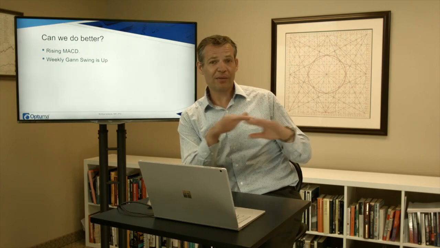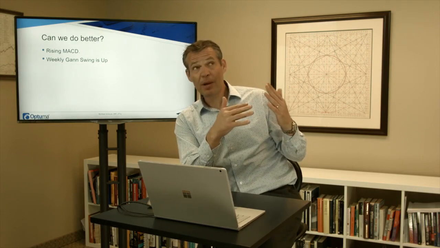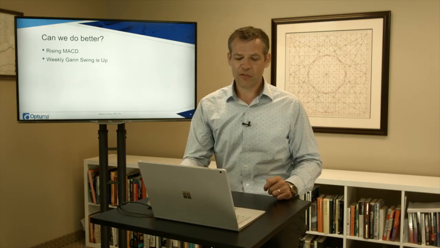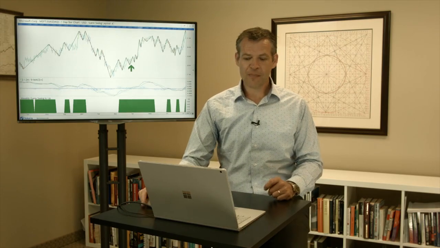It almost makes that support level impenetrable. A bit of a tongue twister there. So that's the same sort of concept here. We want to use the higher time frame and say, well, if the weekly swing is up, this may be a short-term downtrend move that we're capturing with the swing charts, and we have much better probability that it's going to continue going up. So let's just have a quick look at that.